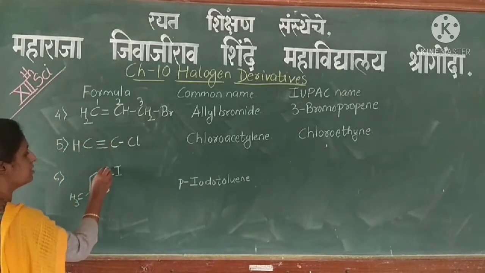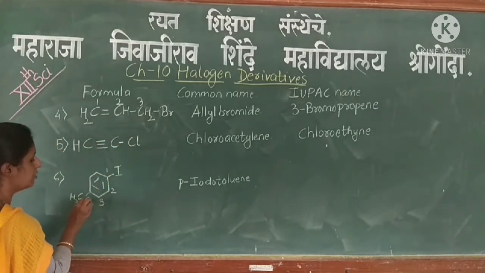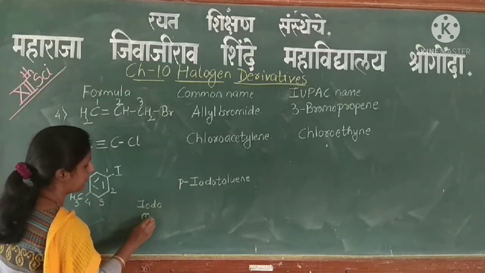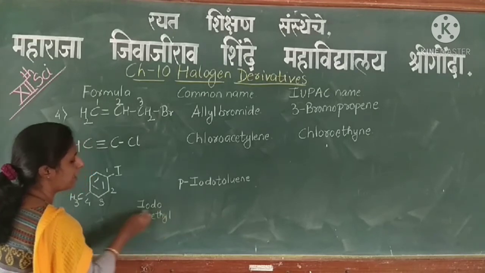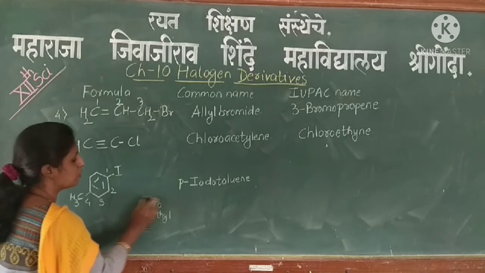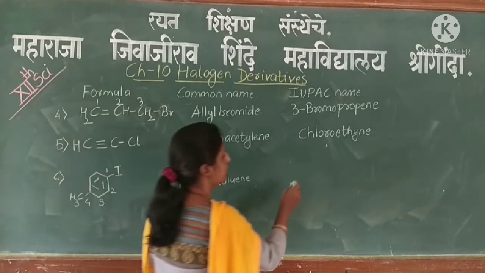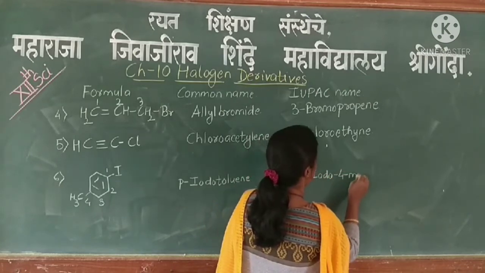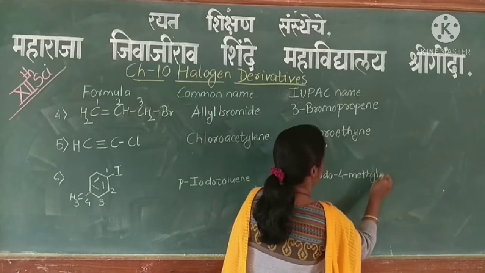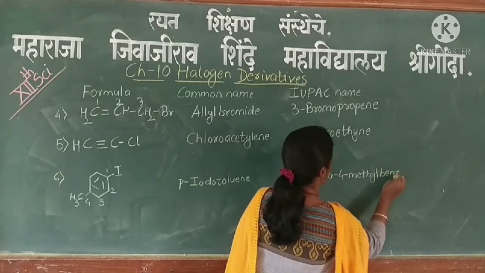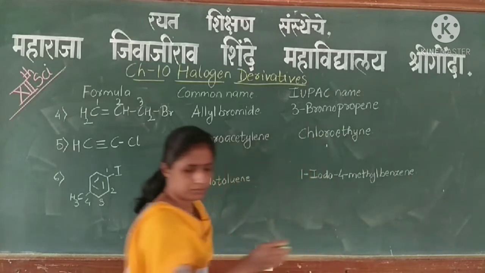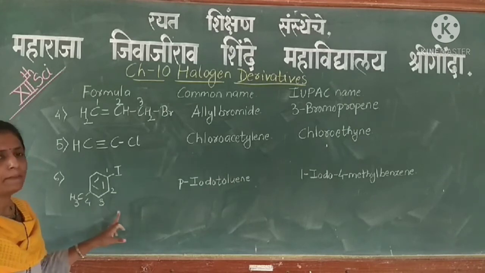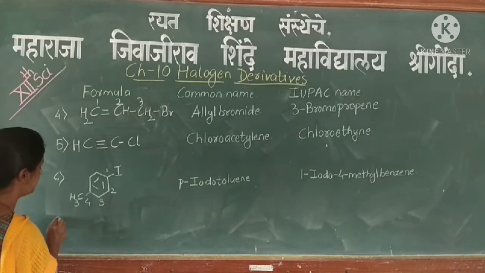Now let's number the carbon: first, second, third, fourth. The substituents are iodo and methyl. Again, iodo will come first and then methyl. So the IUPAC name of this compound is 1-iodo-4-methylbenzene.